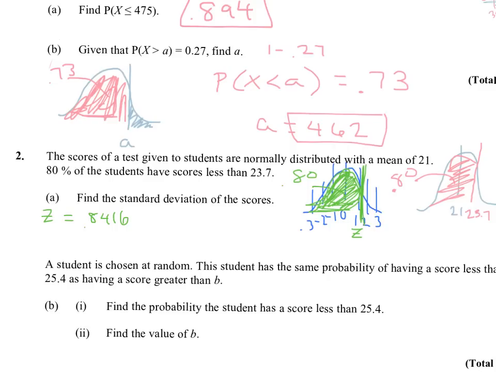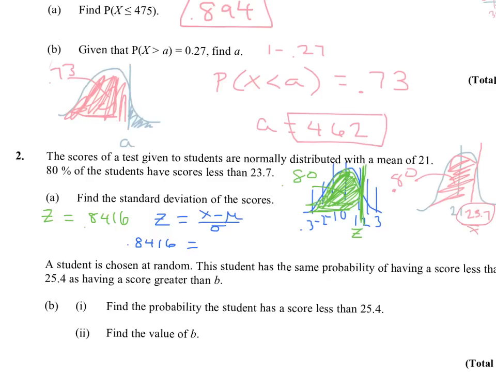So we're basically matching those up, and we actually have a formula on our formula sheet. It says z equals x minus mu over sigma. That equation relates our two normal curves, the one in the situation of the problem and our standardized normal curve. Our z-score we found was 0.8416. Our x value, I should have labeled this earlier, is 23.7.